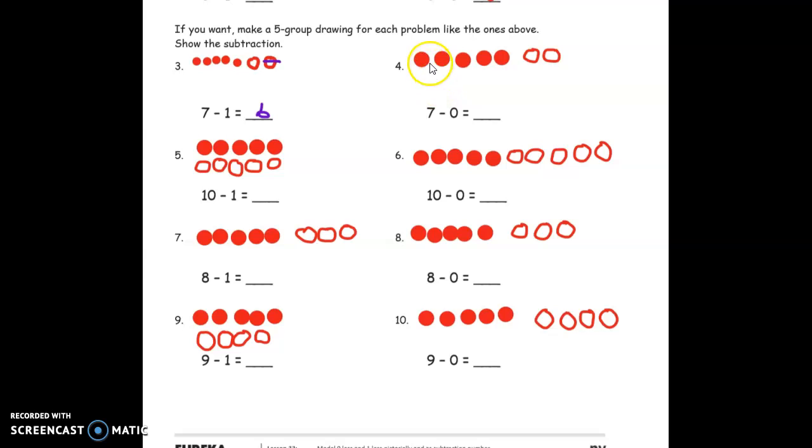Number 4, 7 subtract 0. Here's our 5, 6, 7. How many do we take away? Right, we take away 0, which leaves us with how many dots? 5, 6, 7.